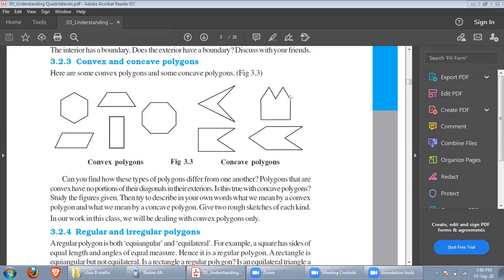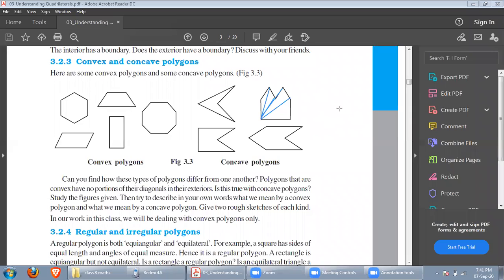For this point, the diagonals are this one, this one, this one, and this one. The last diagonal that I have drawn is partly overlapping with the third diagonal, correct? Following?